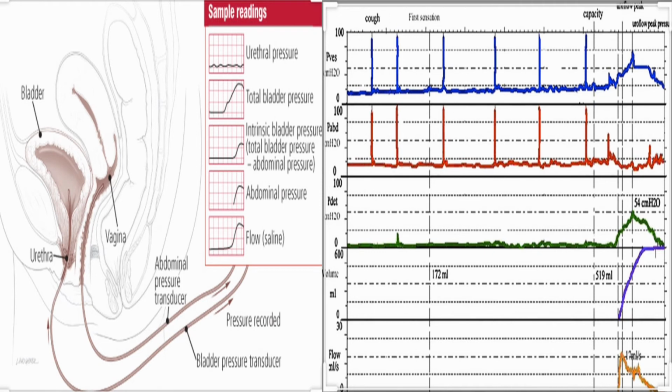So you see here a urodynamic trace. This is a normal urodynamic trace. The parameters used here are the intravesical pressure, the intra-abdominal pressure, and we have the detrusor pressure, obtained by subtracting the abdominal pressure from the intravesical pressure.